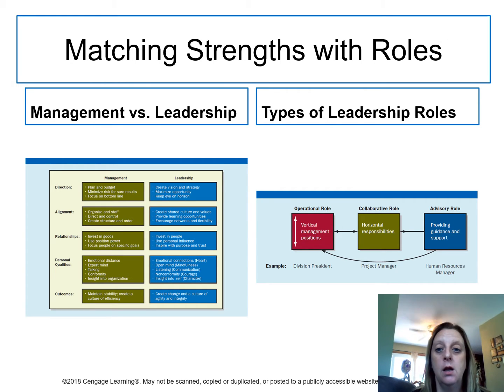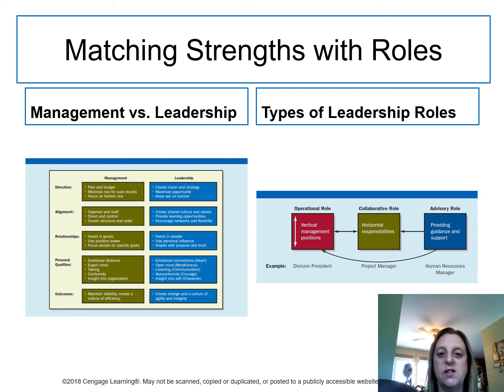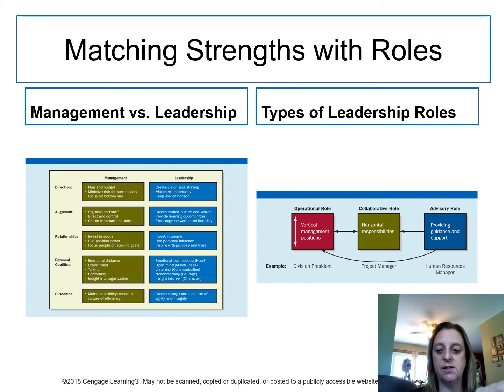Now, in comparison with the collaborative role, which is more of a horizontal leadership role, such as a team leader, in which the leader often works behind the scenes and uses their personal power to influence others and get things done, you're going to be able to align that more with the leadership side of things on the left-hand diagram, right?